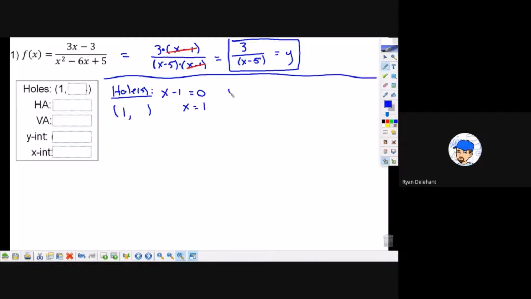So we're going to take what's left over, and we're going to put this 1 in here on the bottom so we can figure out what the y value of the hole is as well. So 1 minus 5 is negative 4, so 3 over negative 4 is negative 3/4. So that means the y value of our hole is negative 3/4.